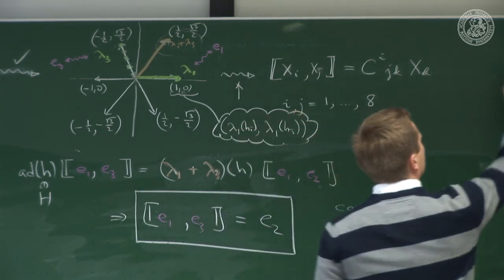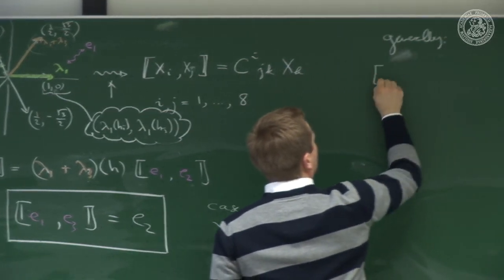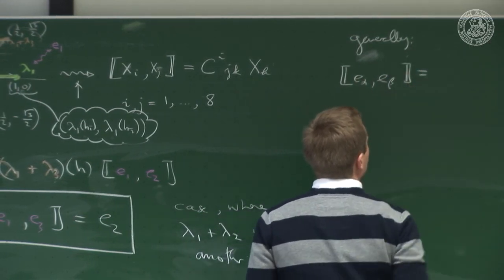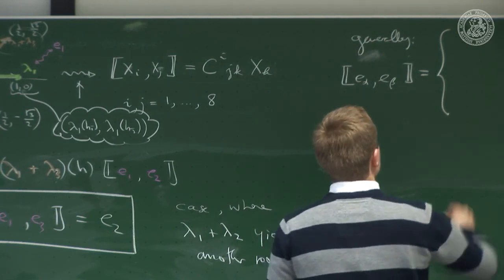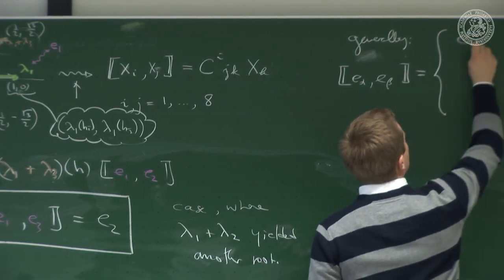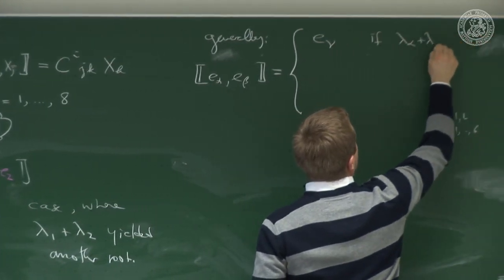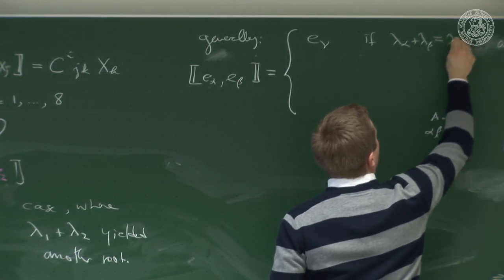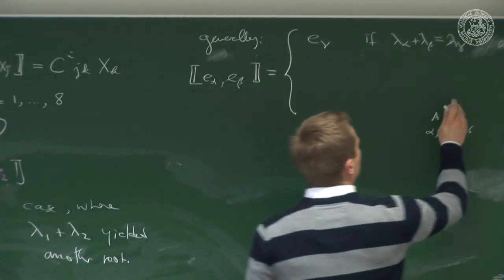Okay, so we could say this in general, the commutator of E alpha with E beta equals, now we have three cases, and we just clarified case 1, that it is E gamma, if lambda alpha plus lambda beta, the corresponding roots, add up to lambda gamma. Okay, that's this case.